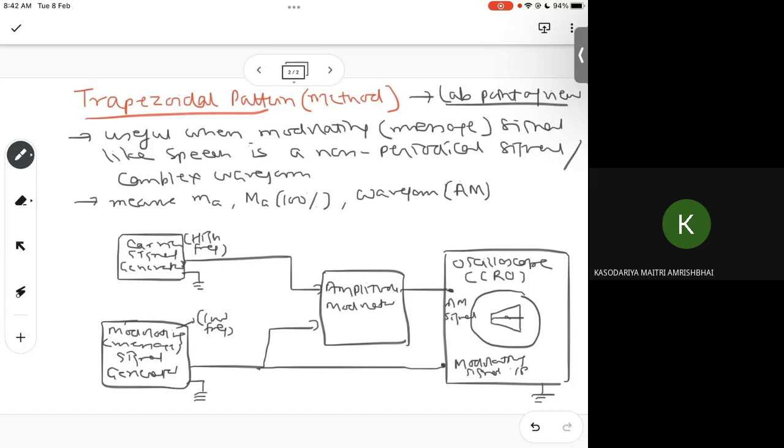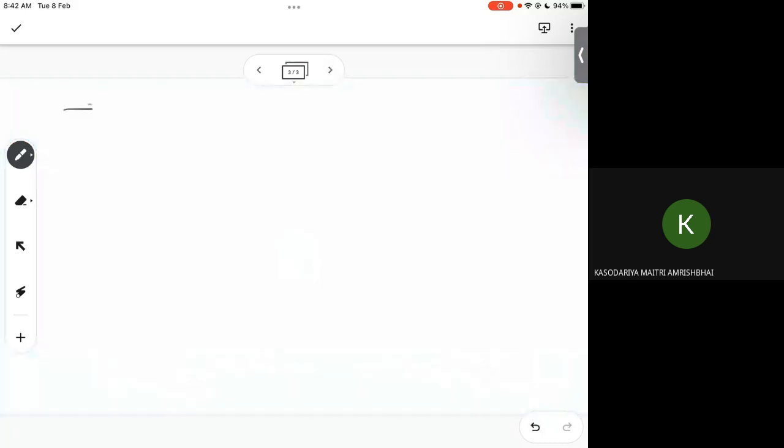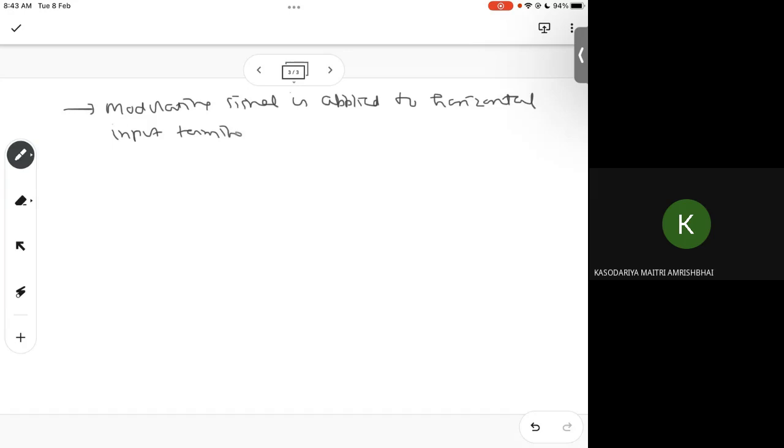The oscilloscope has two terminals, which I will write in the next slide. Here, this is important from the theory point of view: there are two terminals of the oscilloscope, one is the horizontal terminal and another is the vertical terminal.